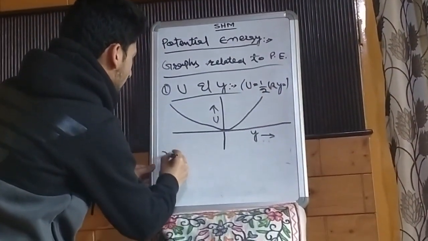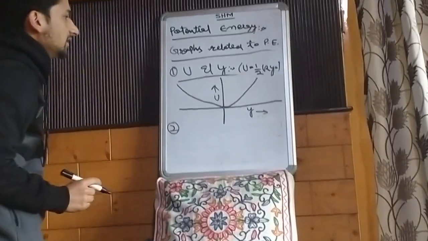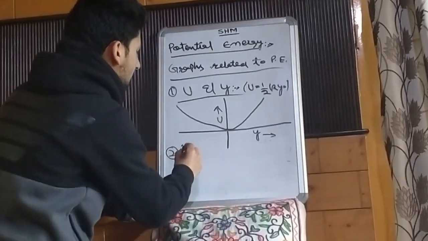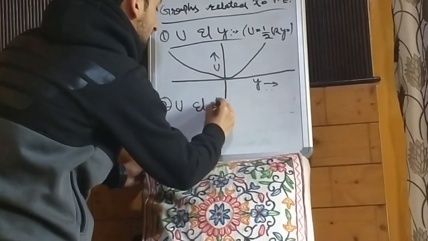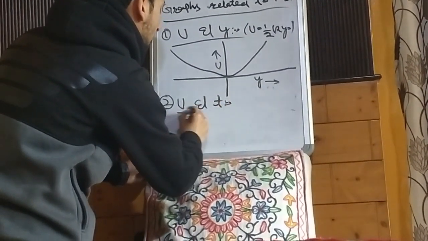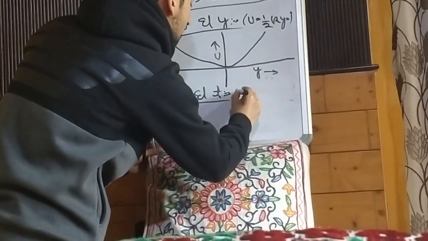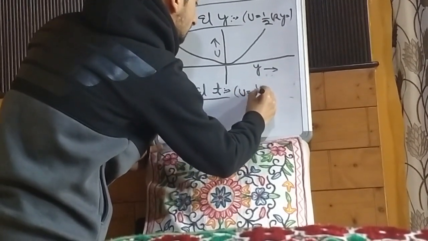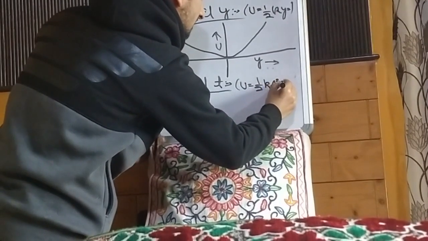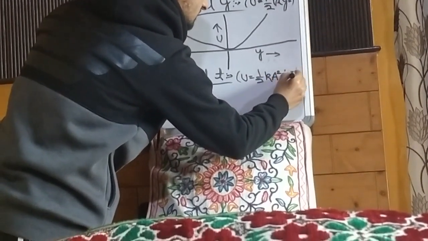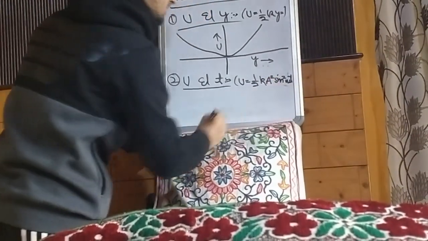Now we will plot the other graph related to potential energy, and this graph will be between potential energy and time. To plot this graph, we will be using the equation U equal to 1/2 of k a square sine square of omega t.